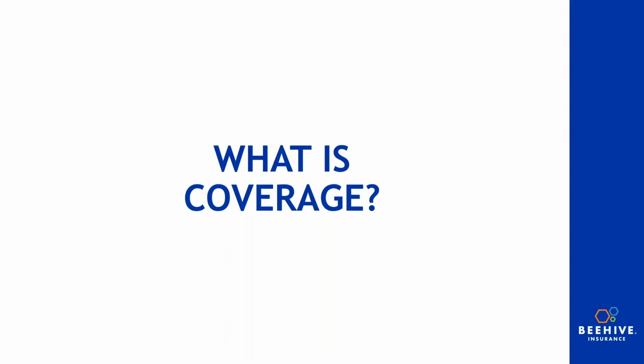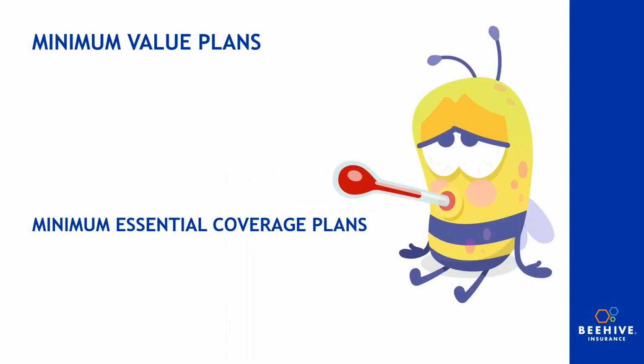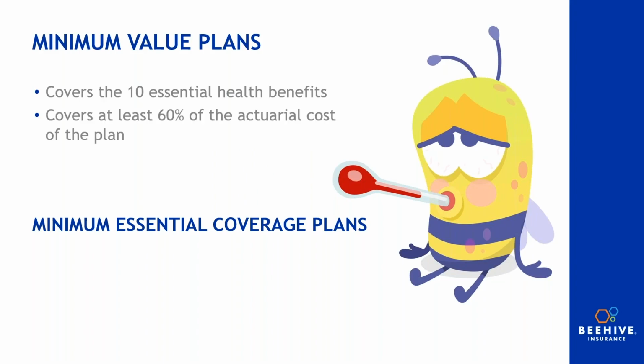So there are two types of medical coverage. There are minimum value plans, and there are minimum essential coverage, or MEC, plans. Minimum value plans cover the 10 essential health benefits, and they cover at least 60% of the actuarial cost of the plan.